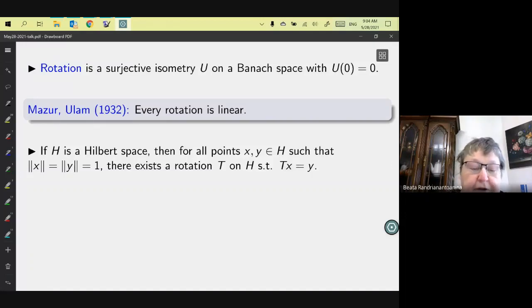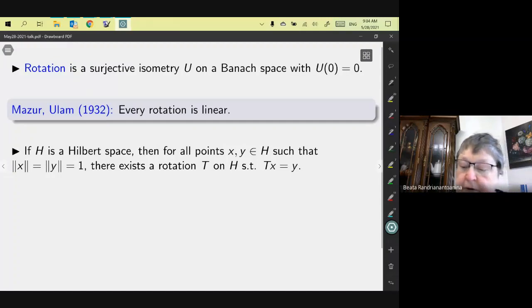It is also well known that if H is a Hilbert space, then for every 2 points in the sphere of the space, there exists a surjective linear isometry that takes 1 point to the next.